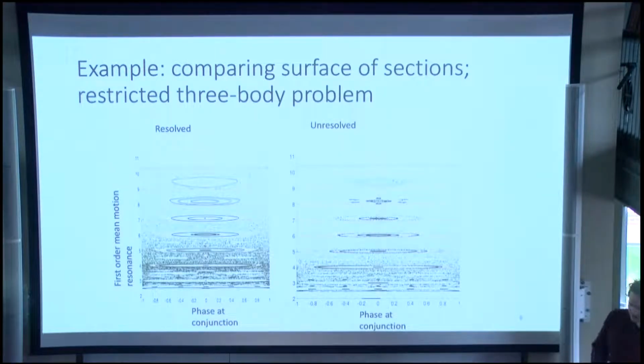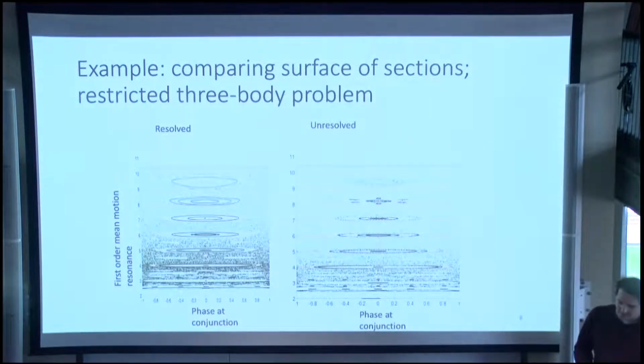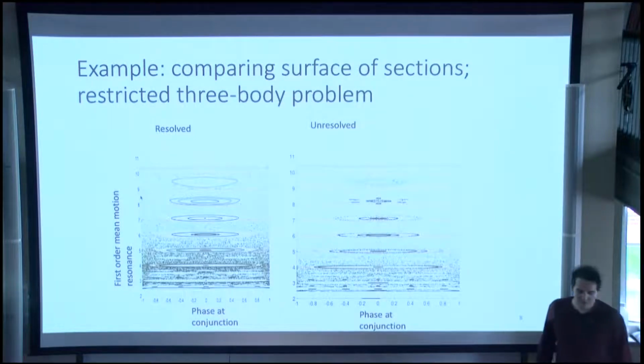The way we can do that is with surfaces of section. So let's focus on this left panel. The way this works is we can plot the phase at conjunction between test particle and Jupiter, and on the y-axis is some proxy for the semi-major axis. Specifically, what I plotted is the first order mean motion resonance between test particle and planet, so this number indicates which resonance that is.